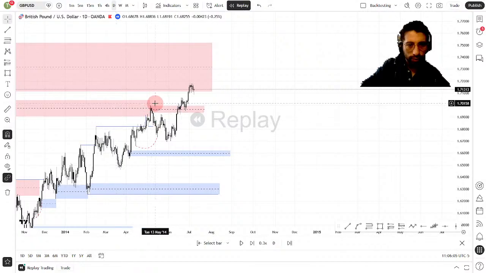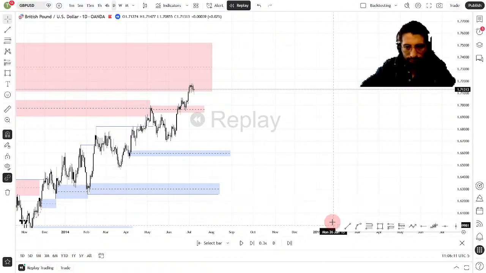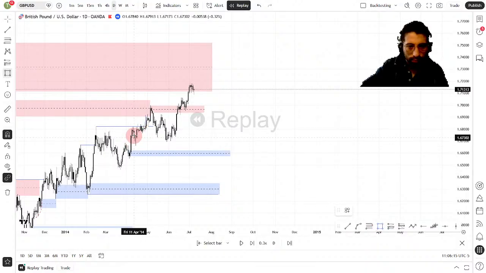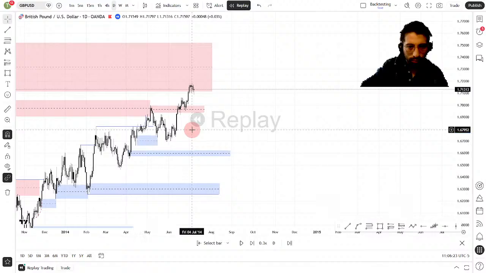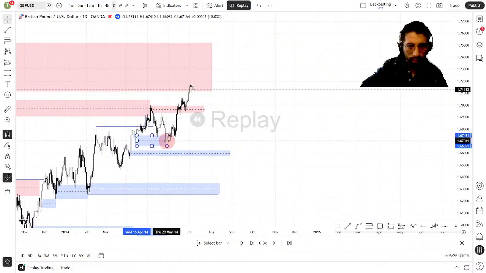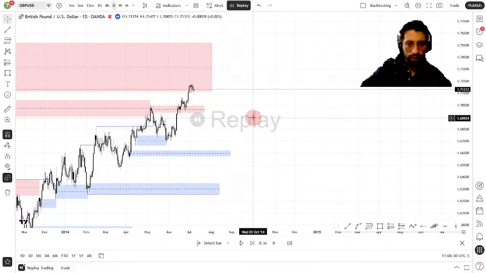Now it was our high, previous high. This high entered in this order block here. Yeah, here, good entry, boss, breakout structure, and it continued with the uptrend.